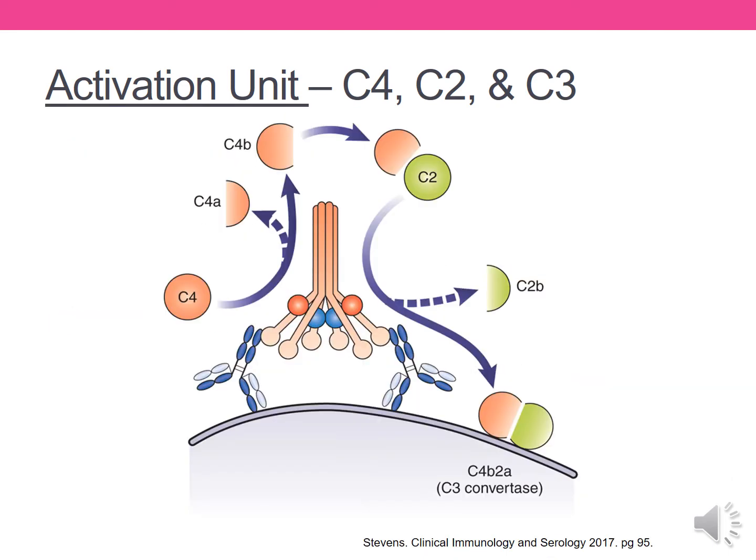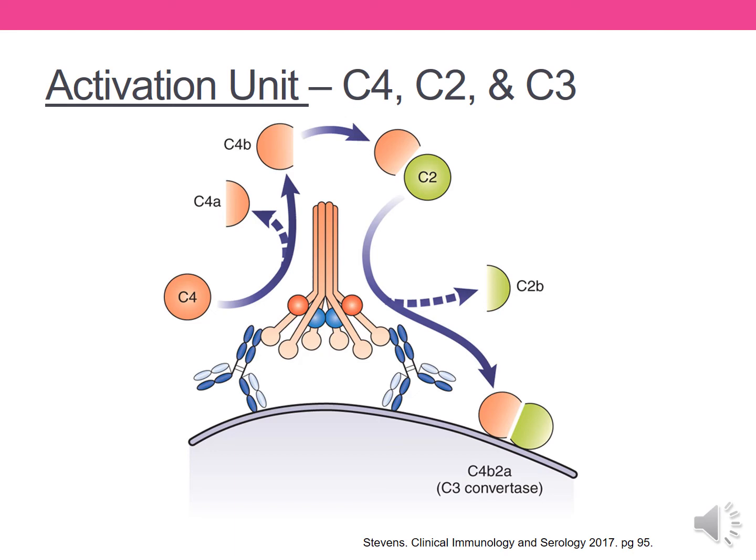This diagram is taken from your immunology textbook. We have our C1 that is bound to the Fc portion of our IgG molecules. Alright, so we will have C4 that comes along. C1 will cleave C4 into C4a and C4b. C4a will diffuse away, and C4b will bind to the target cell.